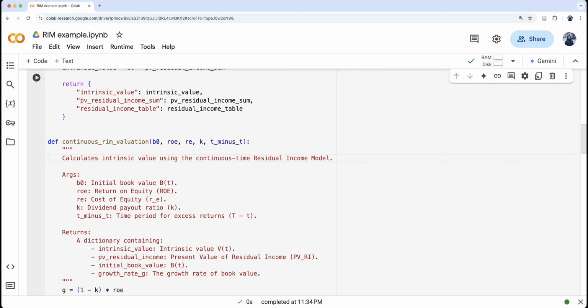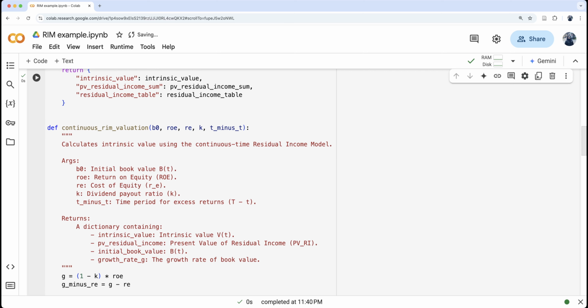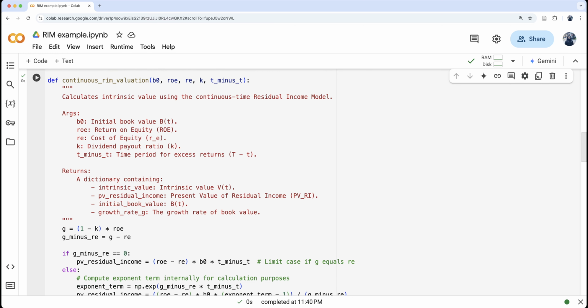The arguments are that B0 is initial book value, ROE is return on equity, RE is cost of equity, K is dividend payout ratio, 1 minus retention rate, and T minus t is the time period for excess return, big T minus small t actually. It returns a dictionary containing intrinsic value, PV residual income, initial book value, and growth rate g, the growth rate of book value. Growth rate is (1 minus K) times ROE.